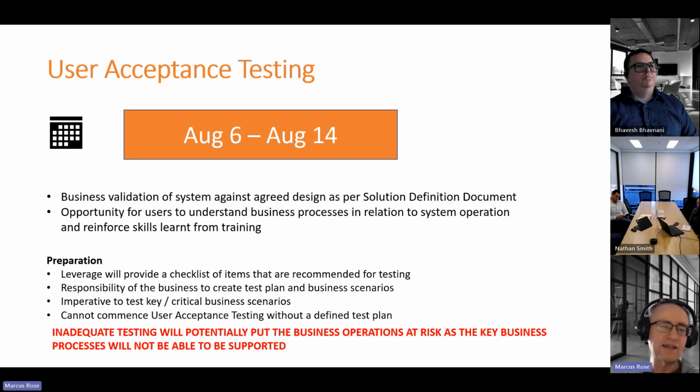Okay, so the user acceptance testing is scheduled to go from August the 6th to August the 14th. So Bhavesh will prepare the UAT environment on August the 5th and release it to you on August the 6th. We will have a UAT kickoff session on August the 6th.